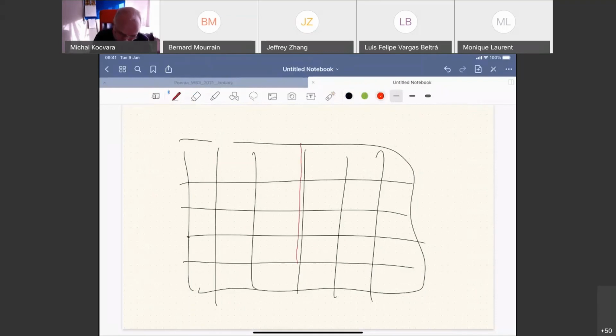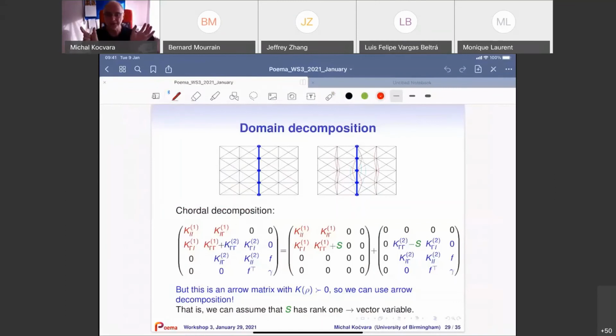Either we can split it into 2 subdomains, just like in domain decomposition, into 4 subdomains, into more and more subdomains. It's just our choice. Simply every subdomain should include at least one finite element or more. So this is exactly that splitting of the index set I was talking about. Now we can really do it manually, as we like. And then we can use either the chordal decomposition.